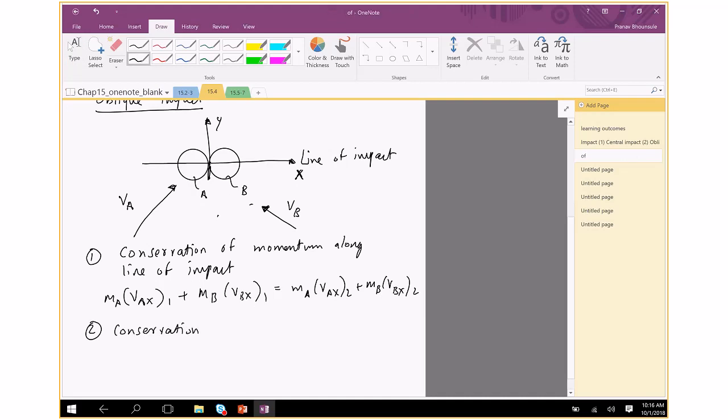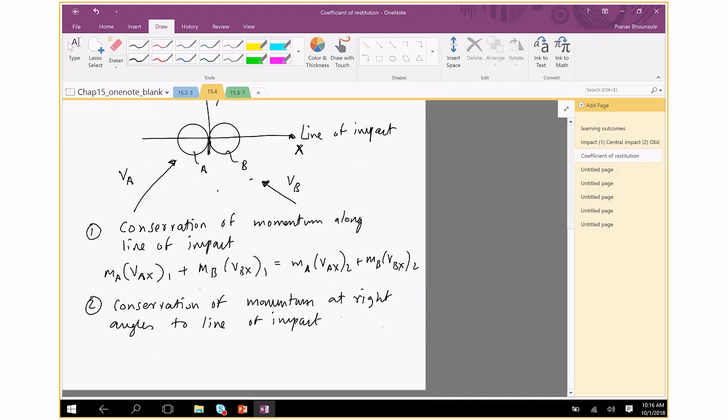Then we have conservation of momentum at right angles to the line of impact, at 90 degrees.